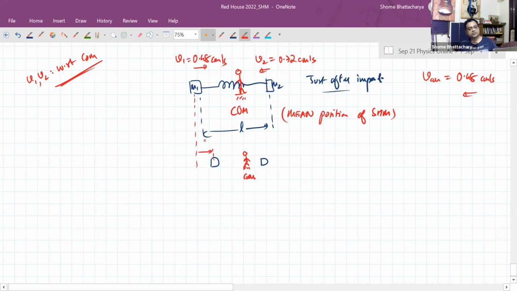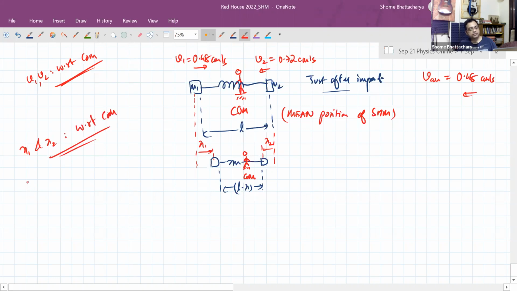So if this block has moved by S1 and this block has moved by S2, now the spring is compressed by X. I can even write it as X1 and X2. So X1 and X2 are also with respect to center of mass.